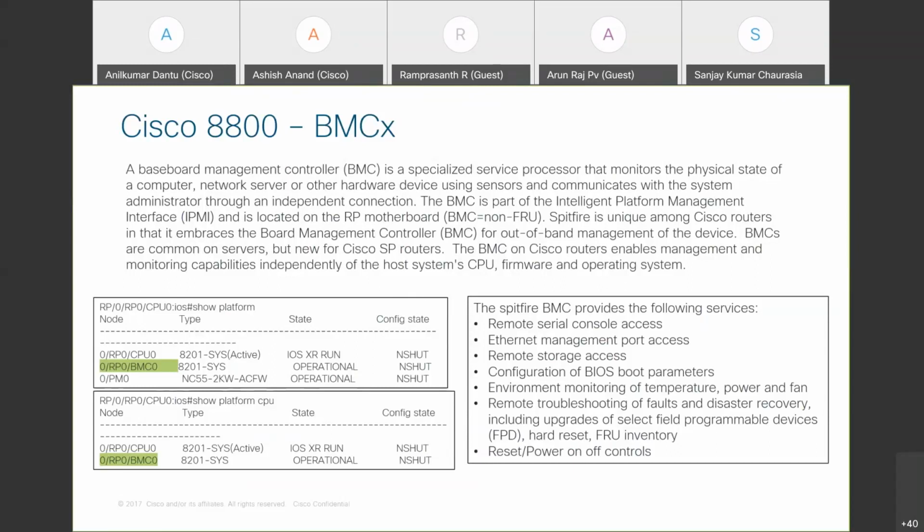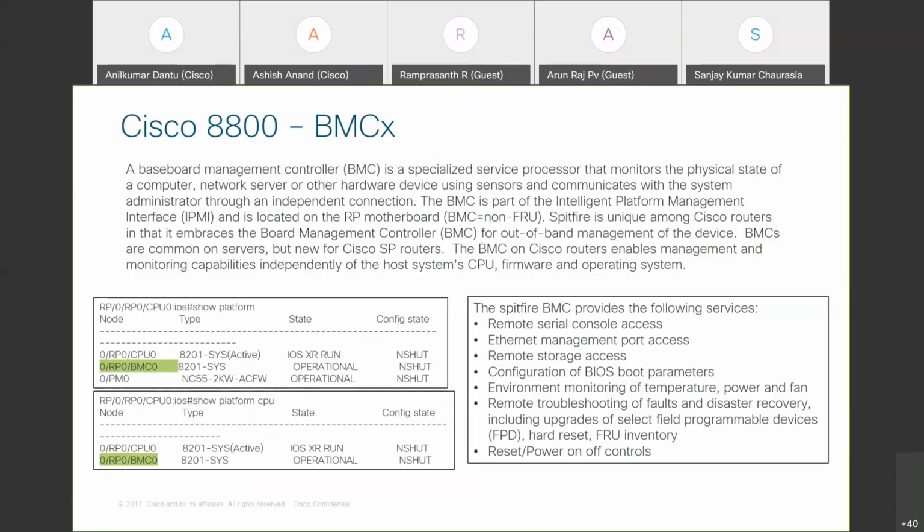As I said, this Cisco 8000 series router is a product common for the service provider environment as well as for web customers or the data center environment. So this was one of the requirements from them, to have a BMC interface on the RP, so that they can use the common tools by which they manage their servers.